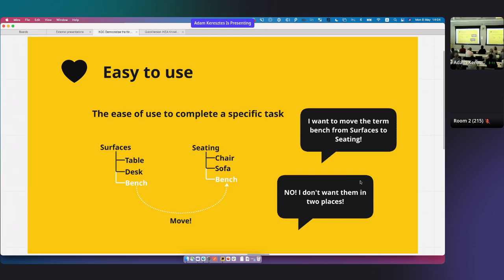And on the screen here, you can see that our expert wants to move the term bench from surfaces to seating. And then we have another speech bubble: No, I don't want them in two places. And this task seems very trivial. It should be very easy to move one term to another place. But the fact is, at least from our experience, it's not that straightforward.